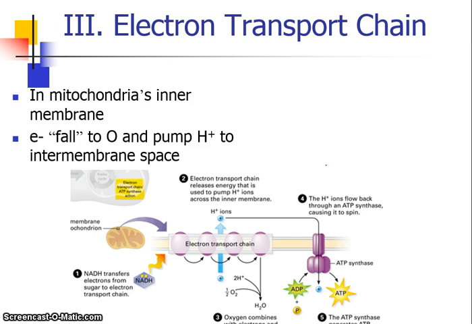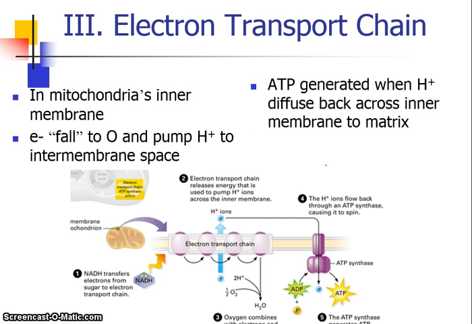That's kind of what the electrons are like, is they have high potential energy to start, and as they move through these proteins and give up some energy to pump those H pluses, they're going to be low energy by the time they're done. So the proteins will pump H plus to the intermembrane space. That will collect many H plus in that space.